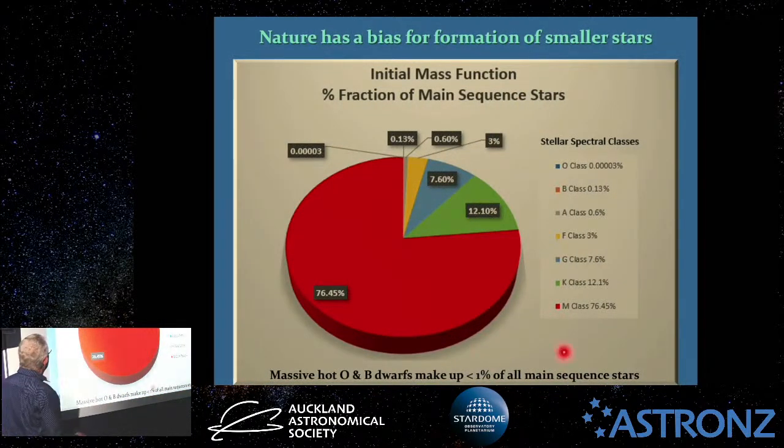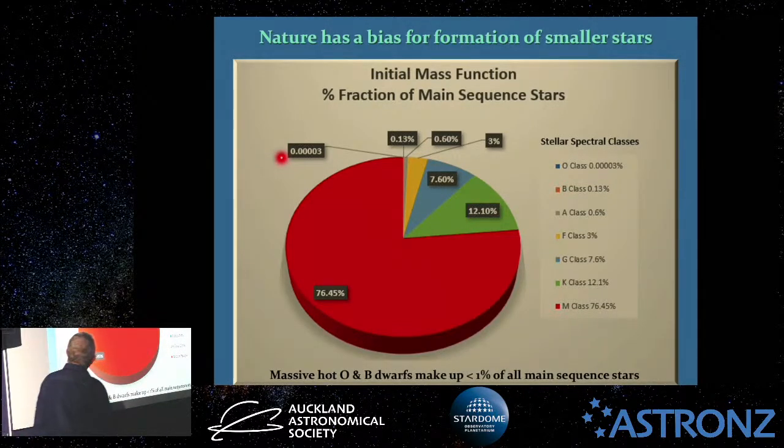And that's relevant for this slide here. Nature has a bias for formation of smaller stars. There's far more small stars than there are large stars. And look, here's the M class, where these are the smallest and dimmest. They make up 76.5% of all stars, to the extreme whereby your O class make up 0.00003% of all stars on the main sequence.